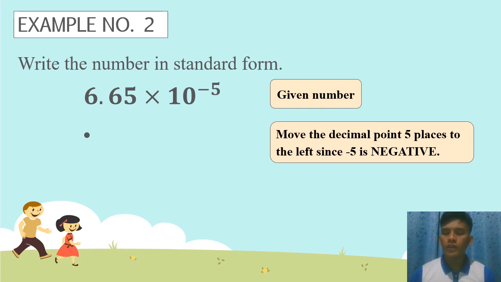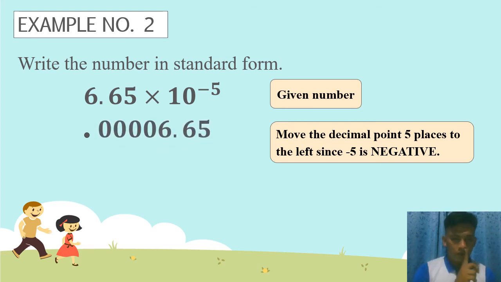The decimal point will move to the left because our exponent is negative. So we'll move the decimal point 5 times going to the left. 1, 2, 3, 4, 5.